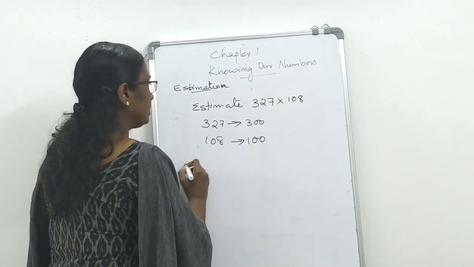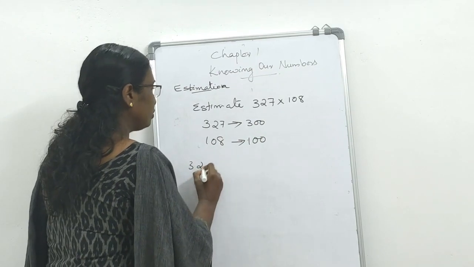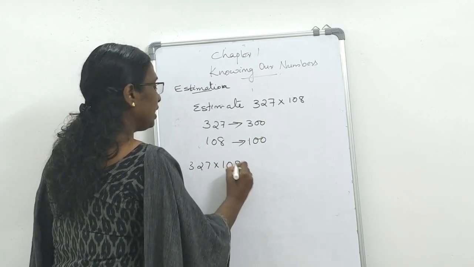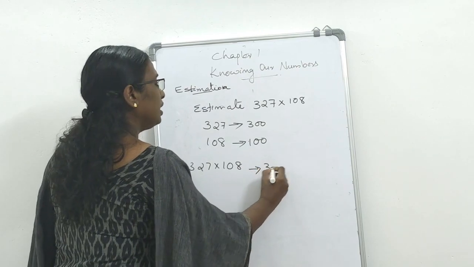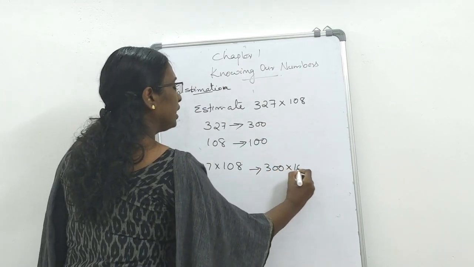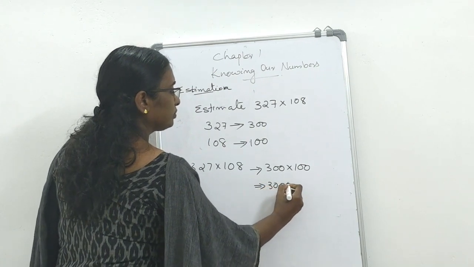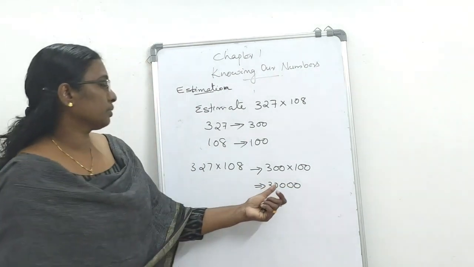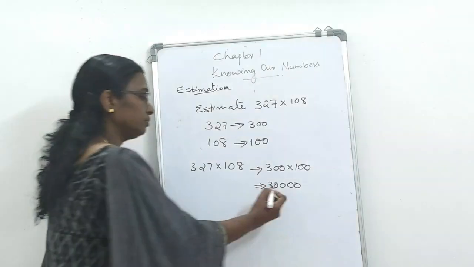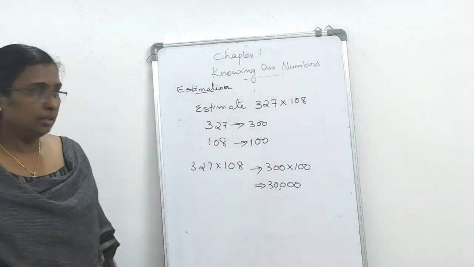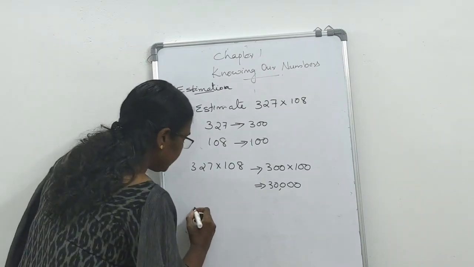Then we can find the estimated product. 327 into 108 gives 300 into 100, which implies 30,000. Okay, clear?